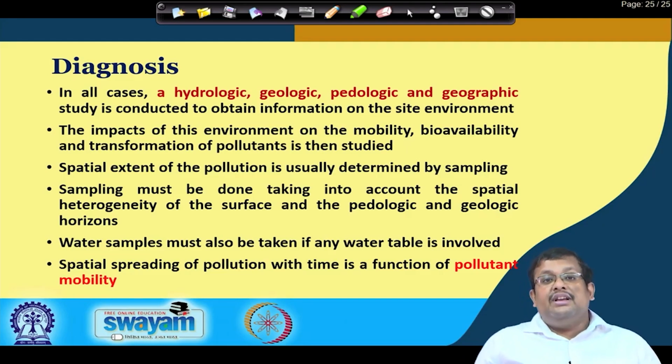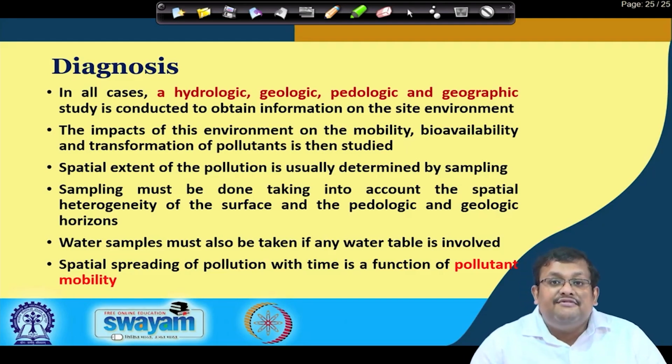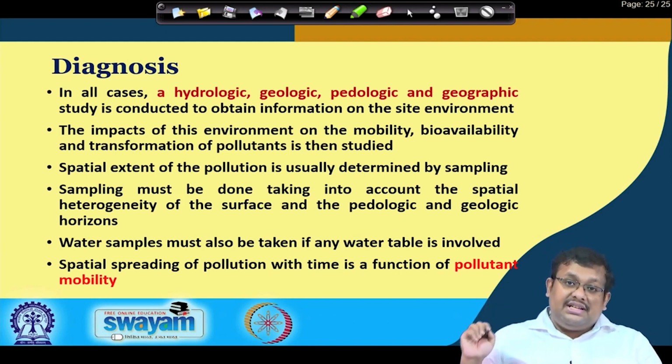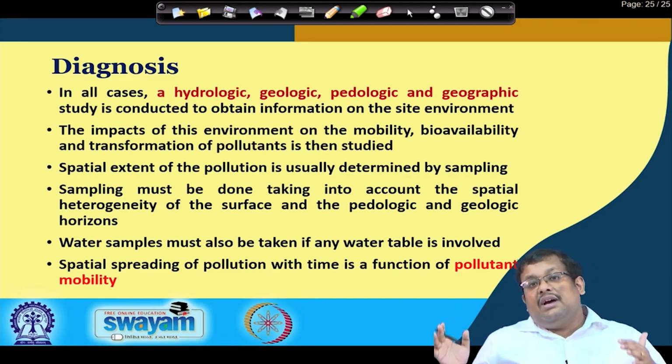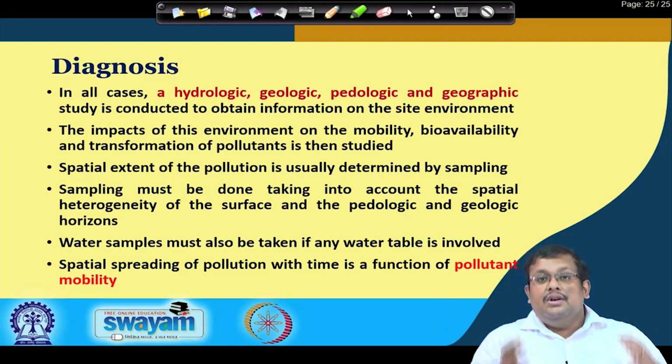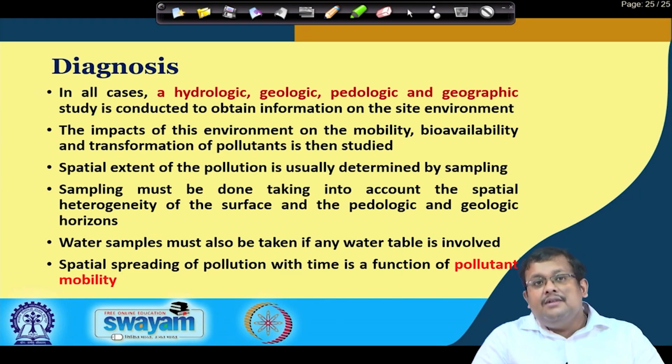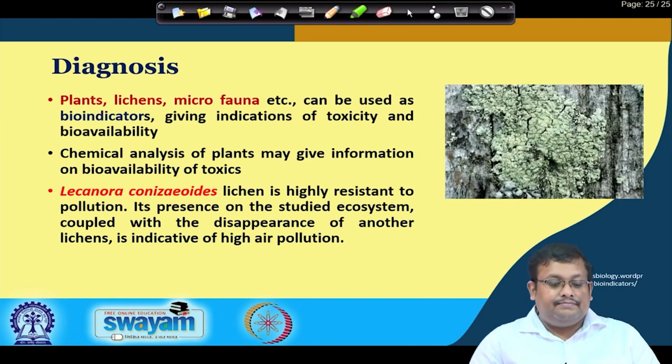Remember the spatial spreading of pollution with time, because spatial prediction of pollution is a function of pollutant mobility over time. So, that is why we have to be very careful when we collect water or different types of samples for further analysis or diagnosis purposes.